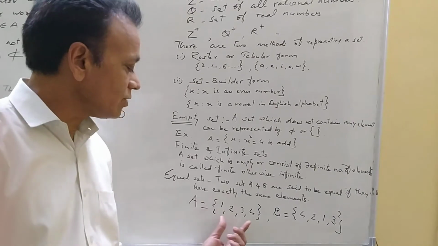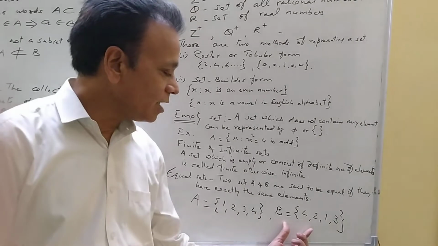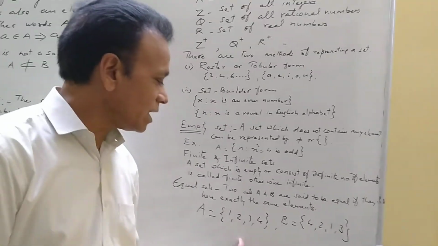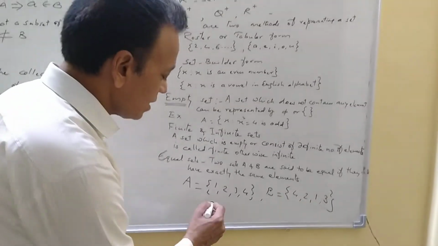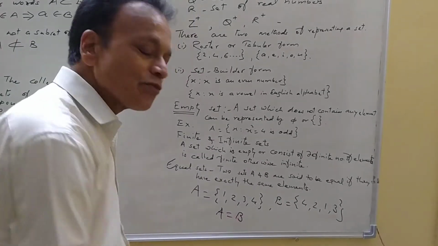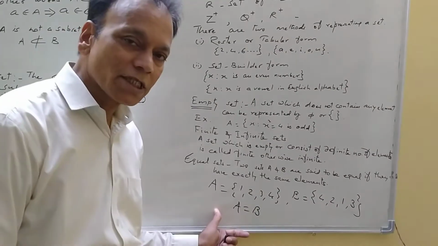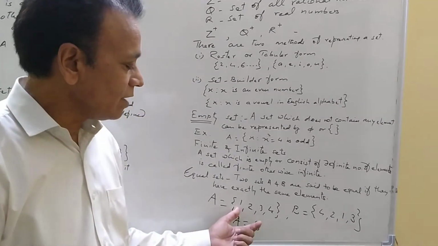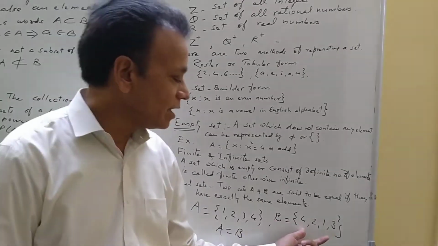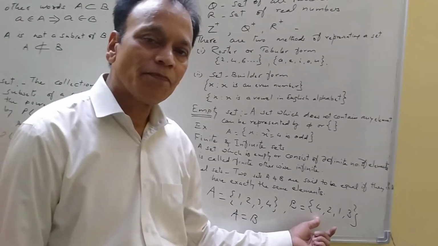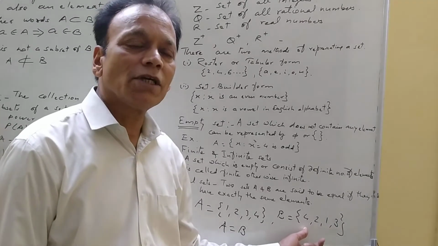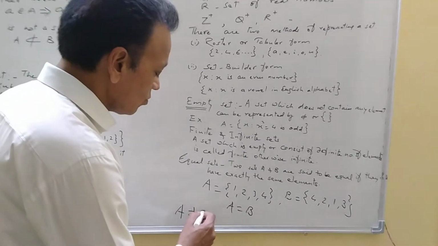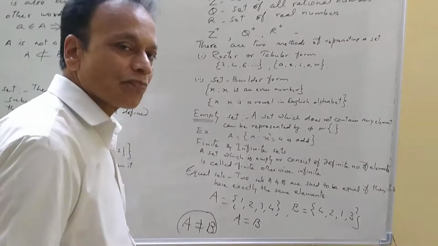If in B we have 4, 2, 1, 3, the order is different but the elements are the same, so we can say that set A is equal to B. If the elements are not the same, suppose in A 1, 2, 3, 4 and in B 4, 3, 5, then A will not be equal to B, which can be represented by A not equal to B.